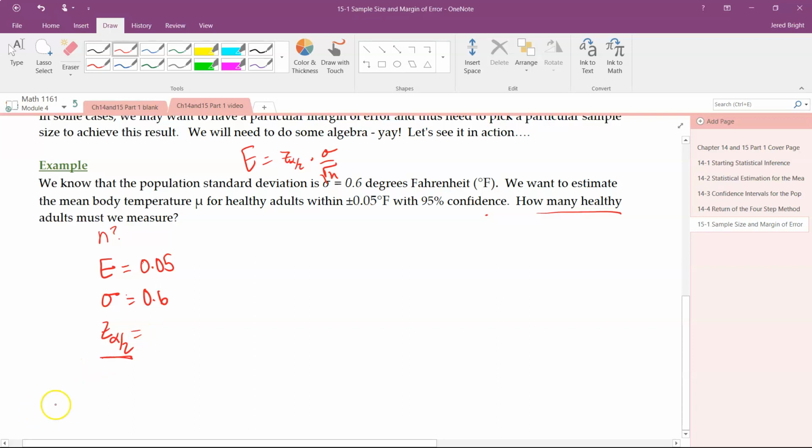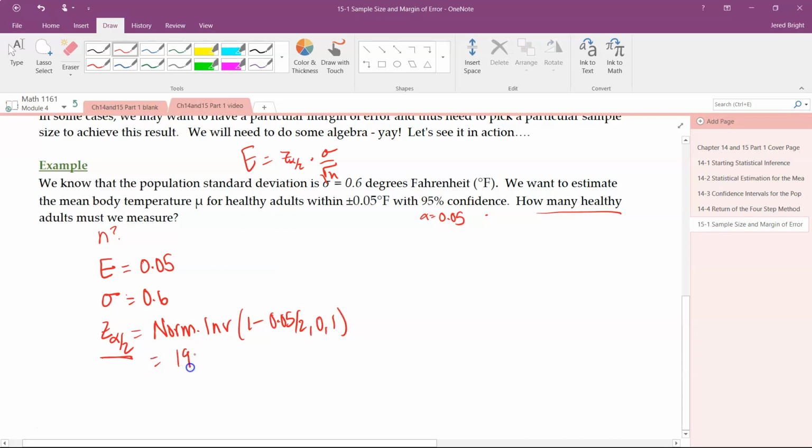I can find this by doing norm.inv of 1 minus alpha over 2. Since I have a 95% confidence level, alpha is 0.05. So norm.inv of 0.05 over 2, comma 0, comma 1.